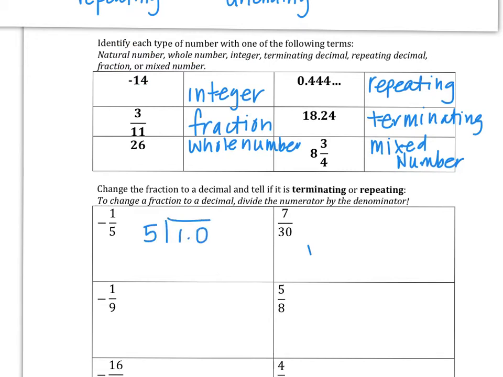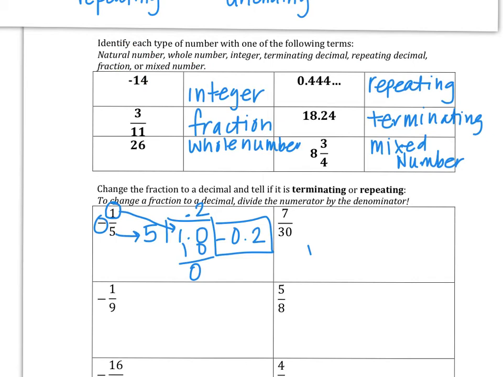Your numerator goes inside and the denominator goes outside. And we divide that. 5 goes into, we bring up our decimal, 5 goes into 10 2 times. So we remember our sign, and that's going to be -0.2. So that's turning a fraction into a decimal.